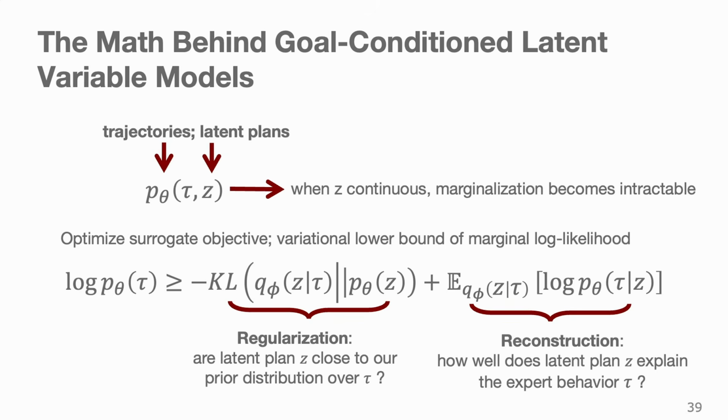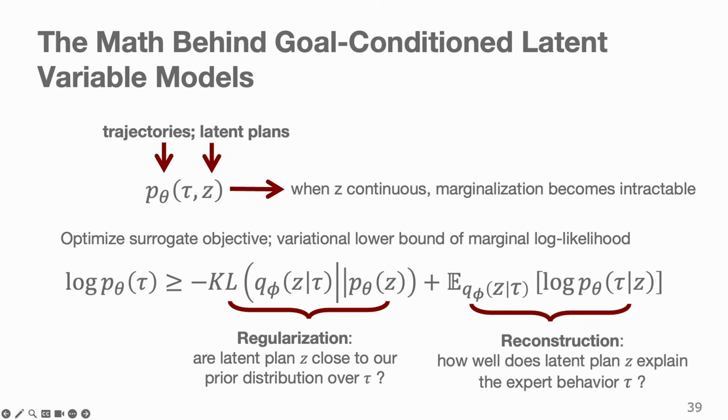But there is one issue: because our Z latent variable is continuous, the marginalization becomes intractable, and we can't just integrate over an infinite number of possible plans. So in order to solve this issue, what you typically do is use a standard variational inference trick, where instead of optimizing the likelihood directly, you optimize a surrogate objective, which is the variational lower bound.